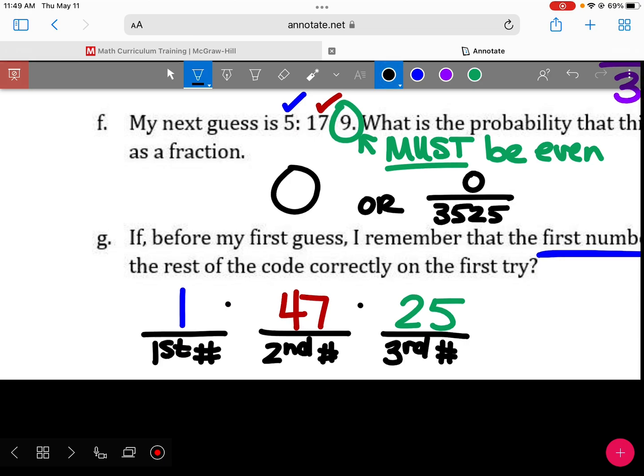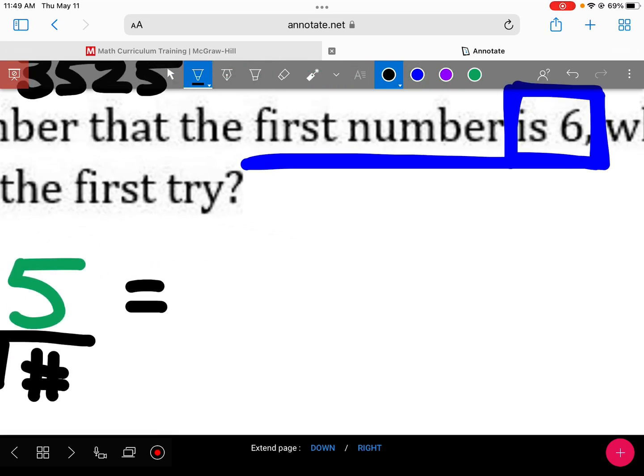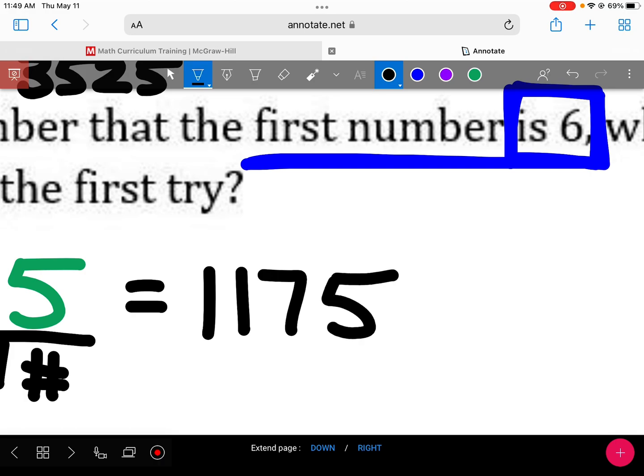Multiply those. What does that come out to be? 1,175. So if I know that the first number is a 6 and I make all the other numbers match those criteria, what's the chance that my first guess is right?